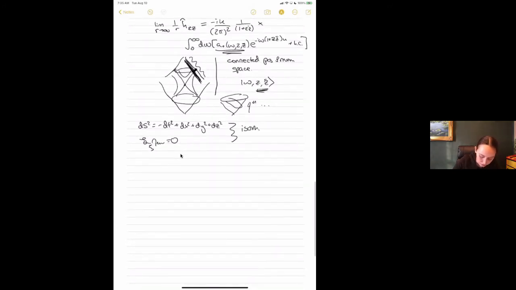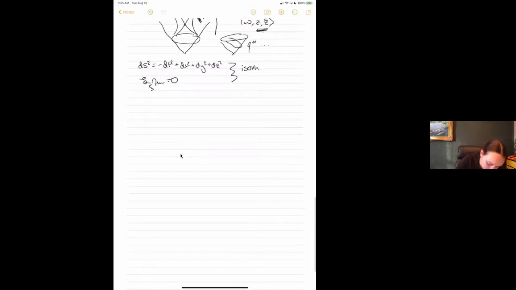Now, if I wanted to look at conformal isometries, I have my metric, ds squared is dw dw bar, and I demand that the Lie derivative of my g_ab is proportional to g_ab. So that's more relaxed than this guy, and these are my conformal isometries.